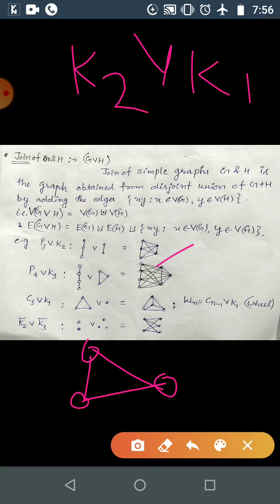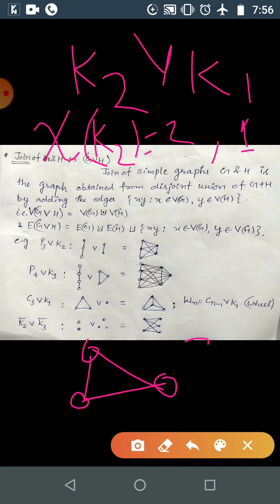So here, the chromatic number of K2 is 2, because both vertices are adjacent, so we can't use the same color for both vertices, and for K1 we can use one color. So it will be 2 plus 1, that is 3.